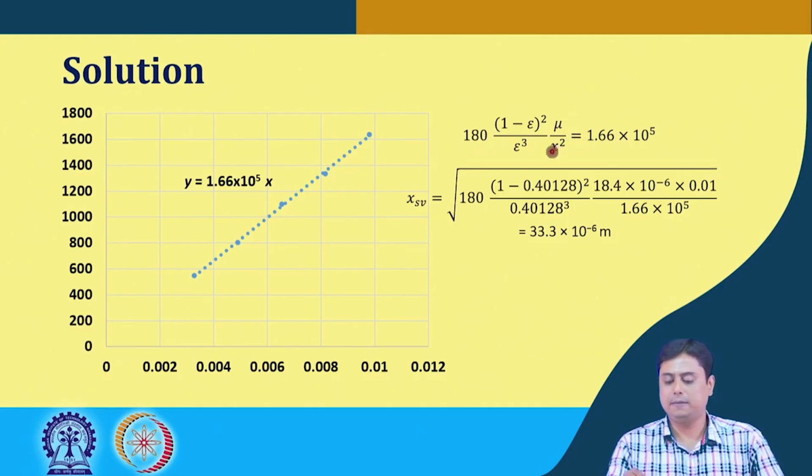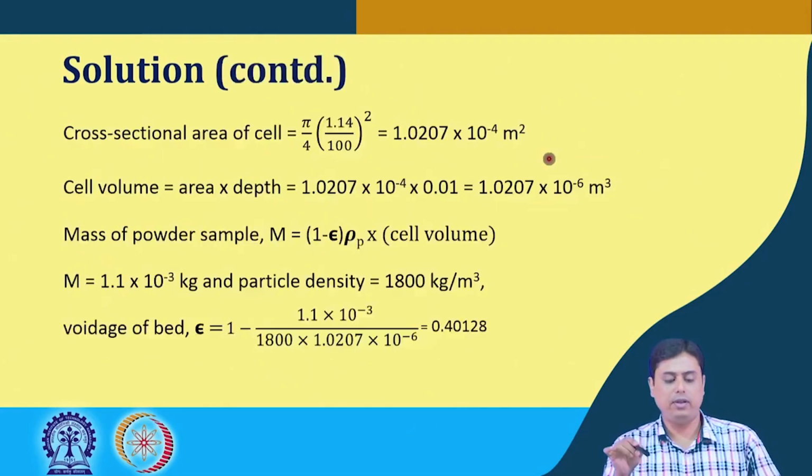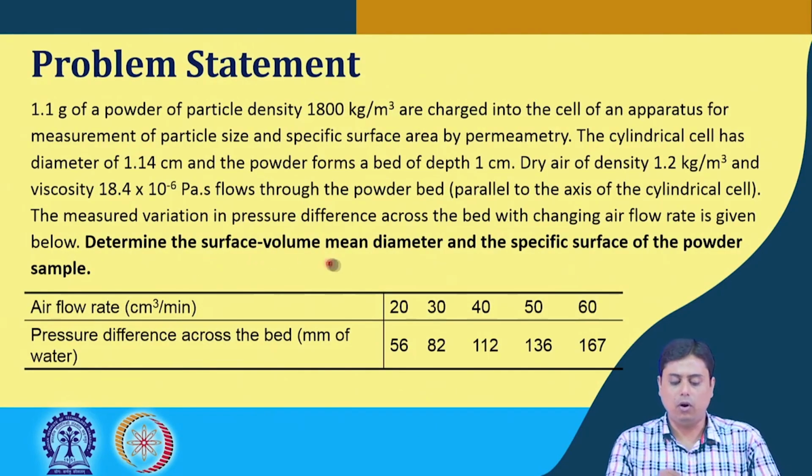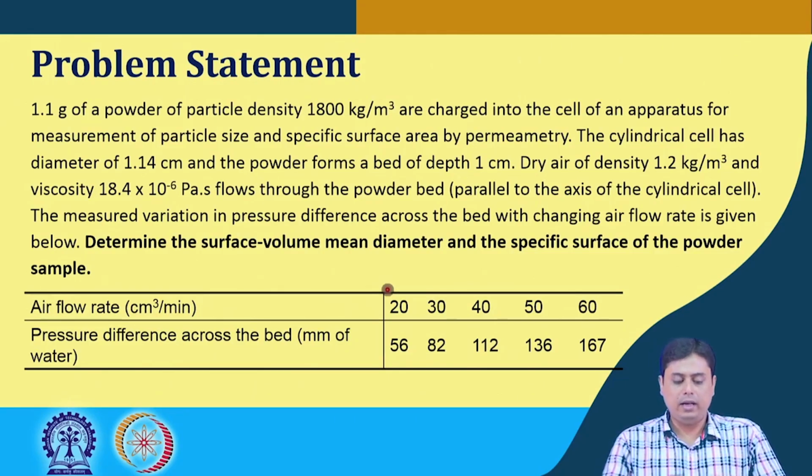and then we replace the numerical values in this expression to find out what is x. Now, why have I written x_sv here? Because this x is nothing but the surface volume mean diameter that relates the surface area that is available for the flow of that fluid in that powdery stack of the material. So, here directly we get the diameter.